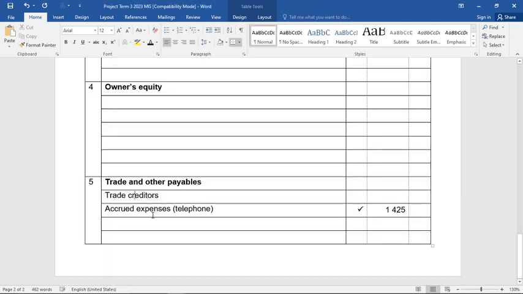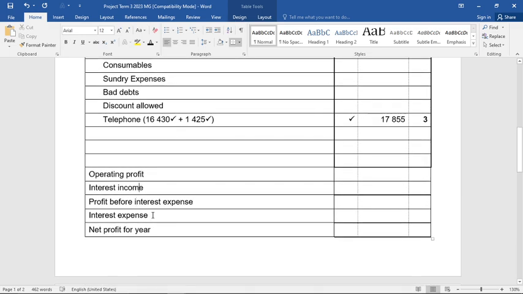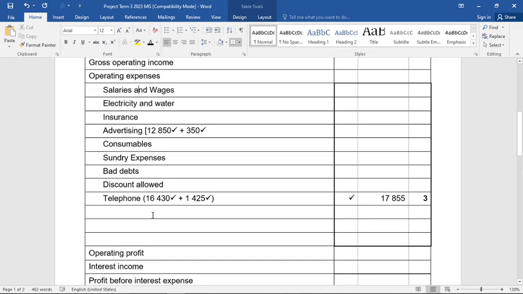So, looking at our information, we know now that advertising would need to be changed. So, you can see my adjustment here. We are going to subtract 4/6 of 3,660, which ultimately means subtracting 2,440, because that is an expense prepaid falling into the next financial year. That's advertising done.